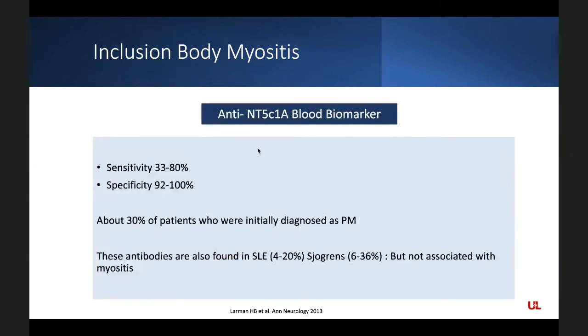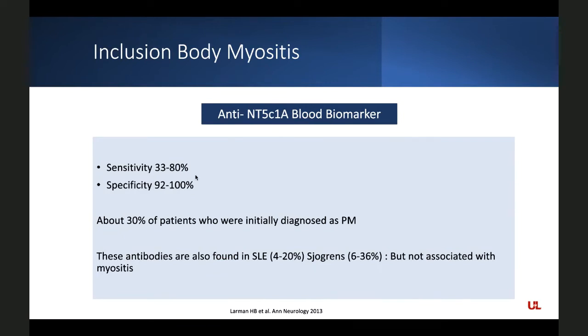Moving ahead, we do have a blood biomarker for IBM, anti-NT5C1A. I think this particular study came out in 2013, which reports the sensitivity and specificity of this blood biomarker.